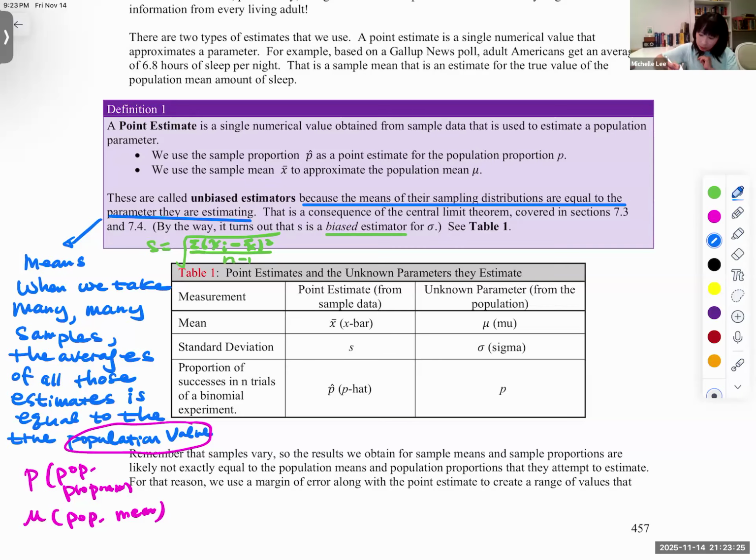Let me write down the sample standard deviation here, and sigma for the population. But we talked about unbiased estimators when we talked about n-1, right? Why are we using n-1? Because we want to make the best estimate, an unbiased estimator. But in this case, they said it is a biased estimator.